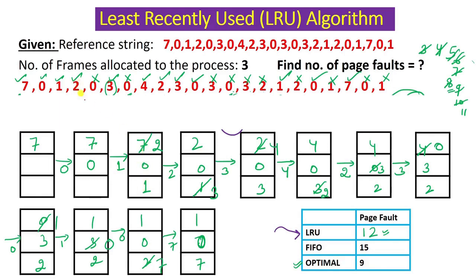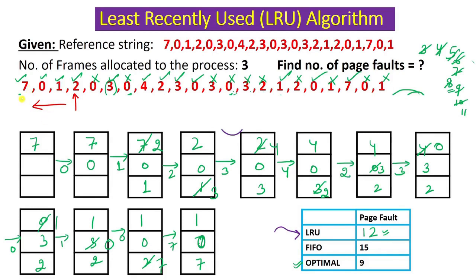Now when 2 came, my frame was full, so I have to apply the LRU replacement algorithm. LRU says, see in the past. Whatever page was used the least in the recent past, that page should be replaced.